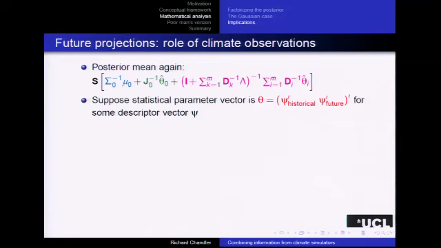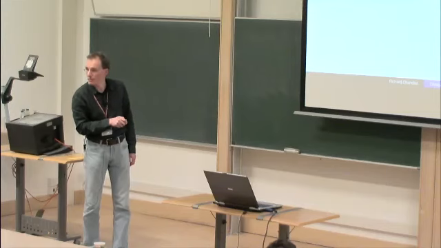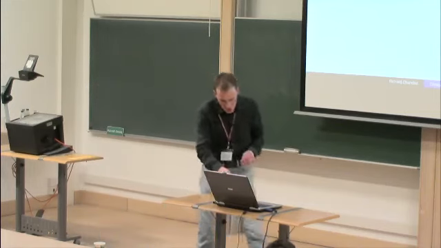We can also think about the role of climate observations in all of this when we're making future projections. So in practice, our theta is likely to consist of some parameters for a historical period and the corresponding parameters for the future period. And we can use this to do all of that as well.